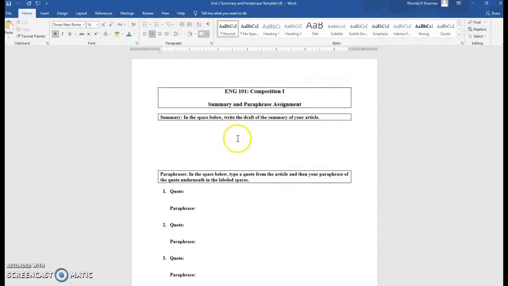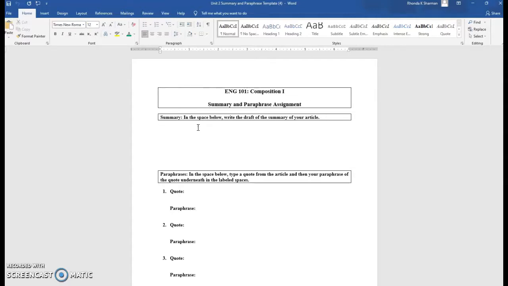The top space is for your summary, and it's just a big blank space. This should be a fully written paragraph summary using double spacing. So it's not just your notes, but it is the full-blown summary of the article.